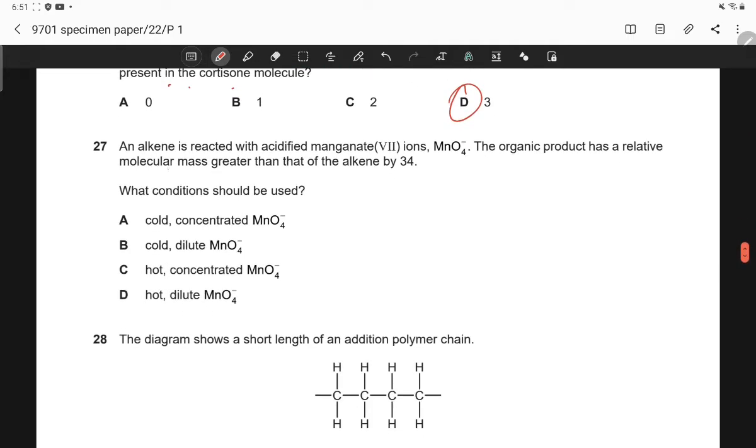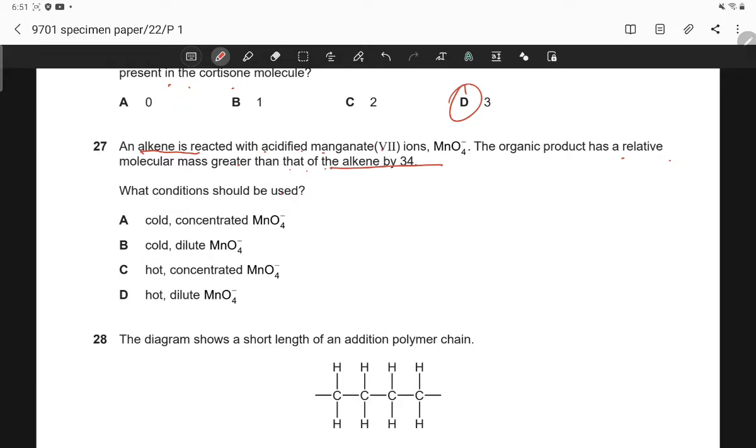Okay, next question is, an alkene is reacted with acidified manganate ions. The organic product has a relative molecular mass greater than that of the alkene by 34. What conditions should be used?